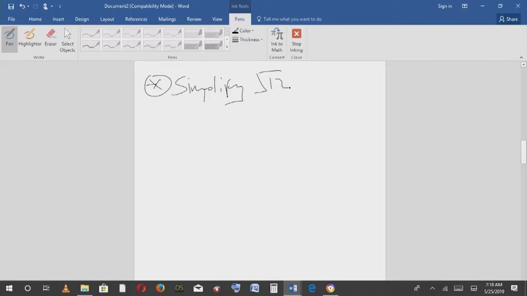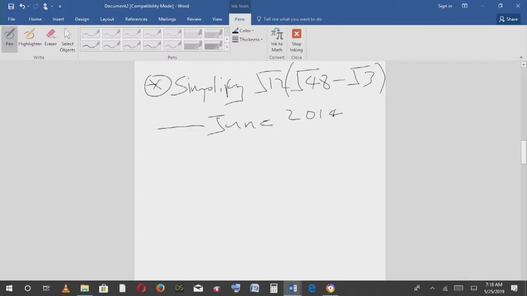Next, to simplify the square root of 12 into the square root of 48, okay, minus the root of 3. This one is June 2014, okay, June 2014.